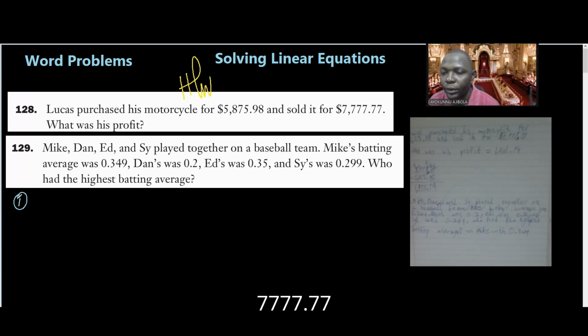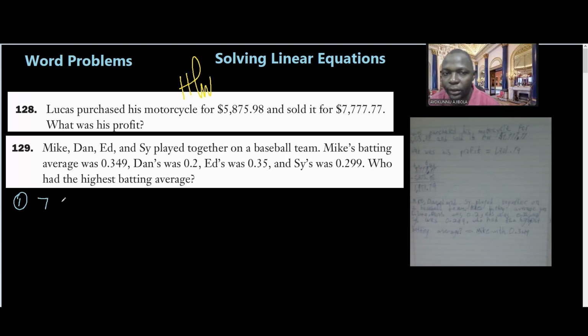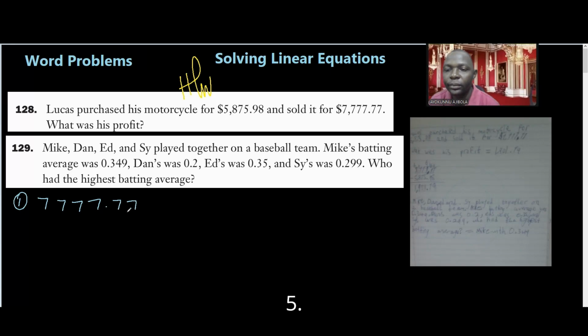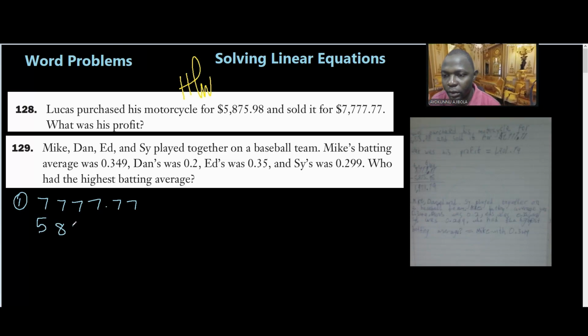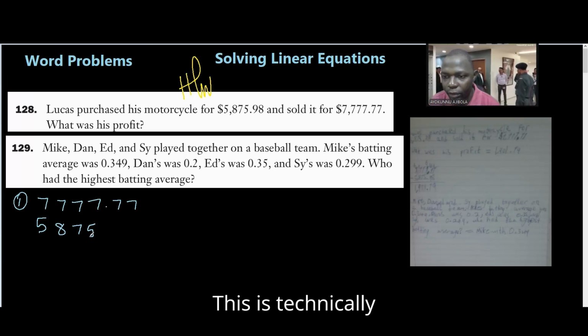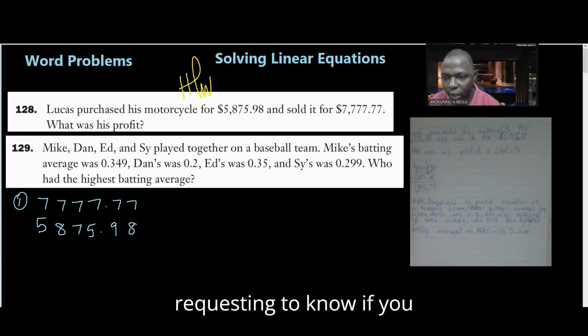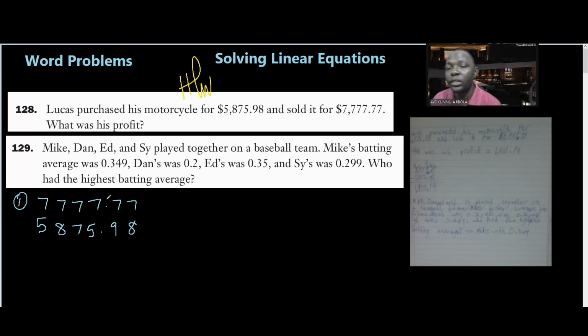Yeah. So the first one we have what? 7,777.77 minus 5,875.98.